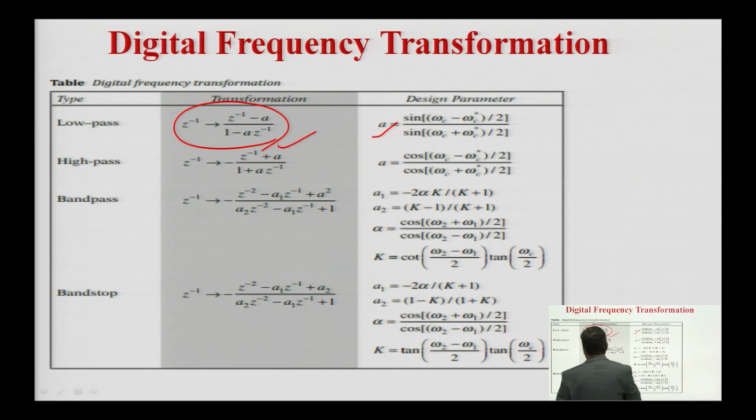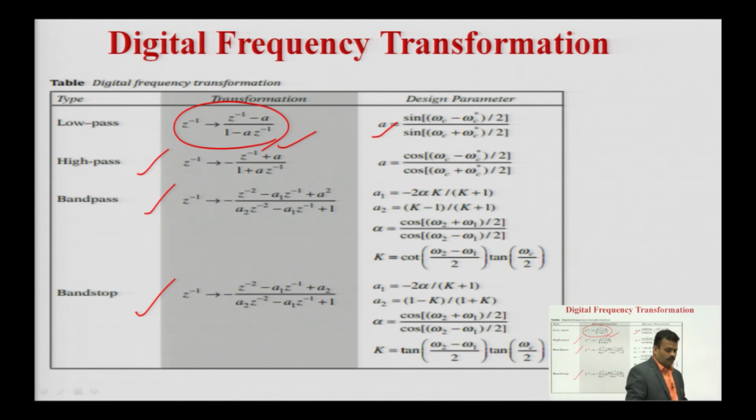So, in case of low pass, if you remember this condition, you can use this one. For high pass, you can use this one. For band pass, you can use this one. For band stop, this one.